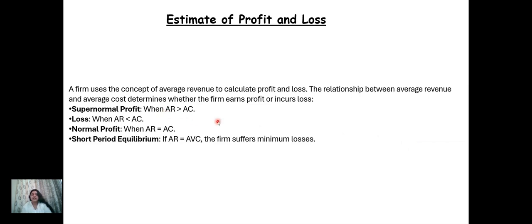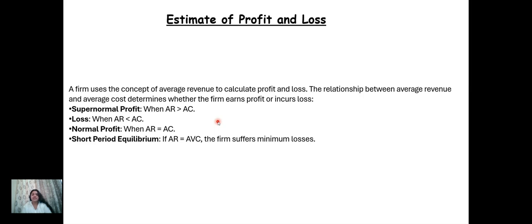In this you can see there are 4 points: supernormal profit, loss, normal profit, and short period equilibrium. Supernormal profit is when average revenue is greater than average cost. When average cost is greater than average revenue, the firm faces loss.